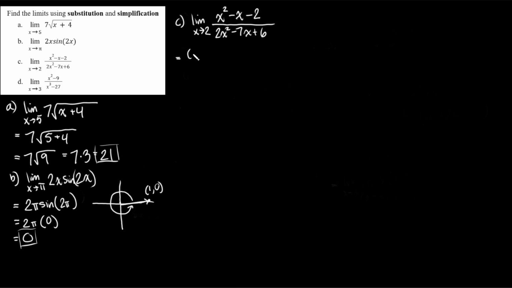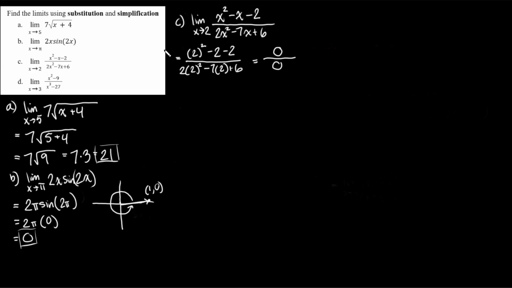It would be 2 squared minus 2 over 2 times 2 squared minus 7 times 2 plus 6. The top part is 4 minus 2, and that's just 0. The bottom part is 8 minus 14 plus 6, and that's also 0.